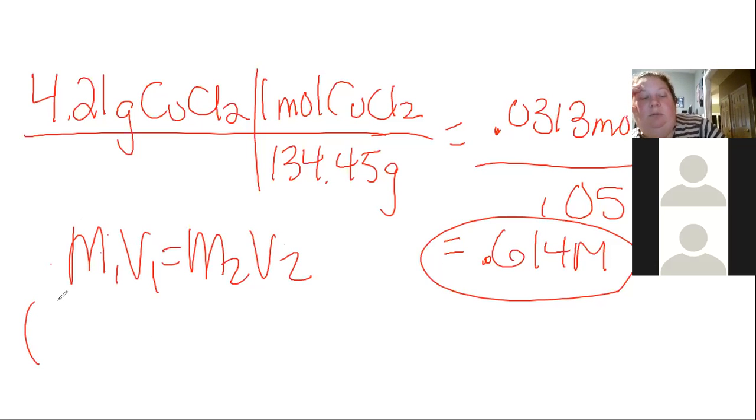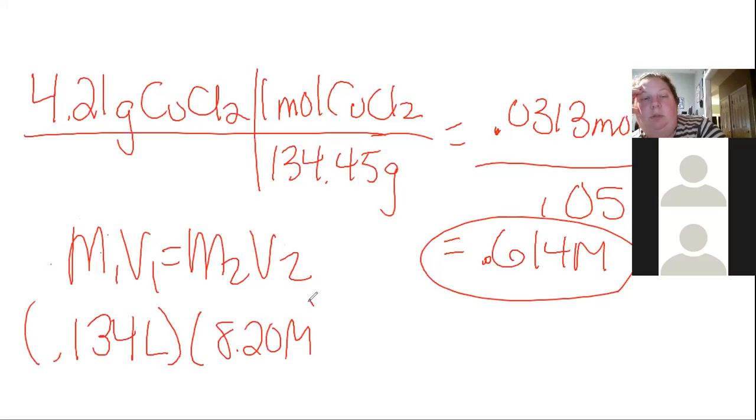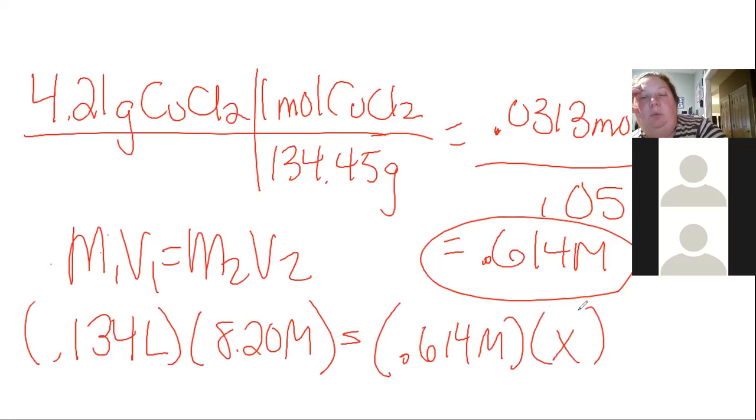So I have 0.134 liters of this. Why can I not remember these numbers? 8.20 molar solution, and I want to turn that into a 0.614 molar solution. I want to know what volume I have to increase it to make that happen.